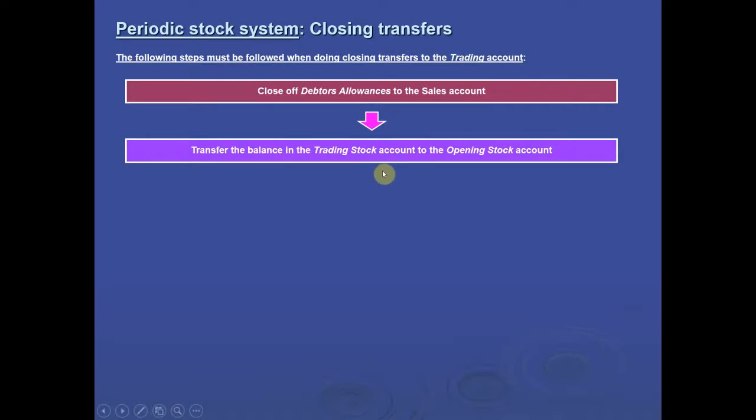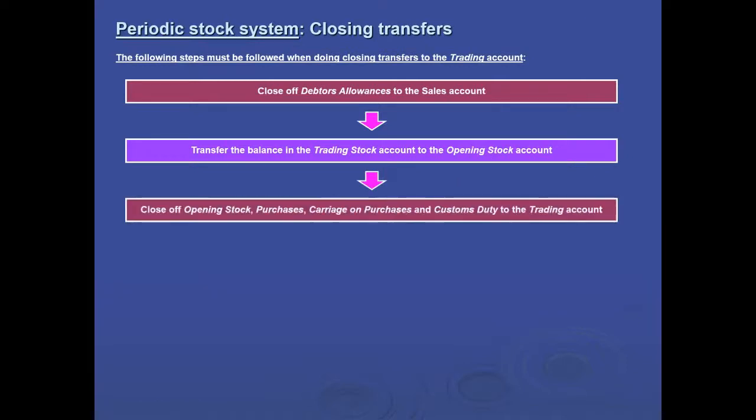Then we need to transfer the balance in the trading stock account to the opening stock account. We close off the opening stock account, the purchases, the carriage on purchases, and the customs duties accounts to the trading account. All of these accounts in fact have debit balances. We credit them and debit the trading account.